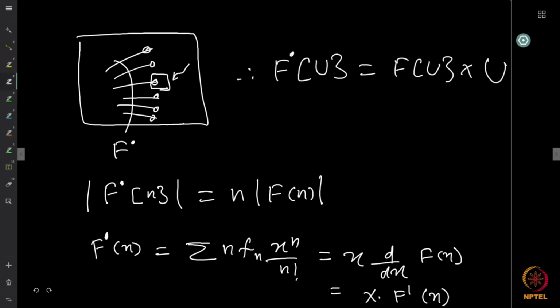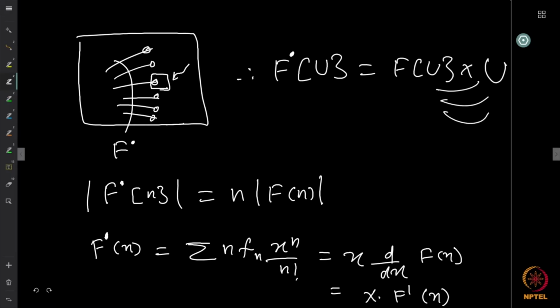F dot of U and F of U cross U, the Cartesian product of F of U, the set of all F structures on the set U with the set U itself, because for each element I can say that element is special. First element of U, second element of U, third element of U, each one can be associated with this, saying that this is the special element.